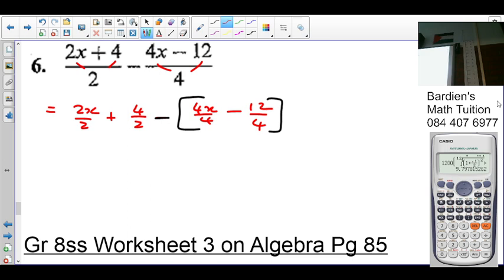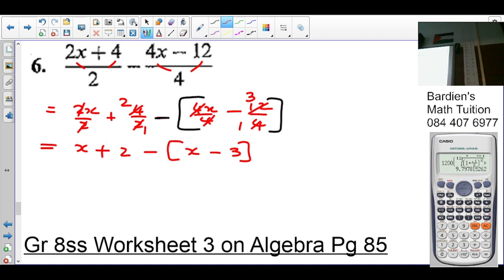Okay. It gives us now, what's 2x over 2? Cancels, x plus 2 going into 1, 2 going into 4? Twice. Minus 4 cancels 4, leaves you with x. 4 going into 4 once, 4 going into 12, 3 times. Minus 3. Now what do we do?